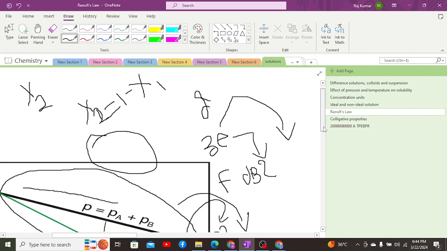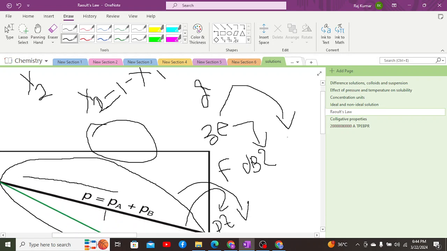So when we are to separate it through a fractional distillation process, it gives us no change in concentration of the solute and solvent through the fractional distillation process, right?